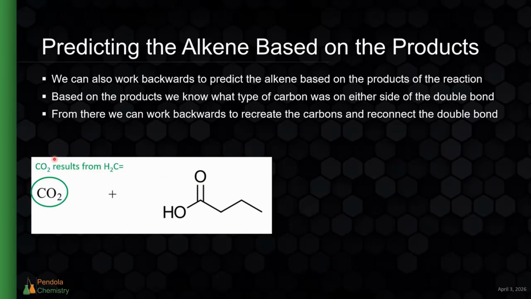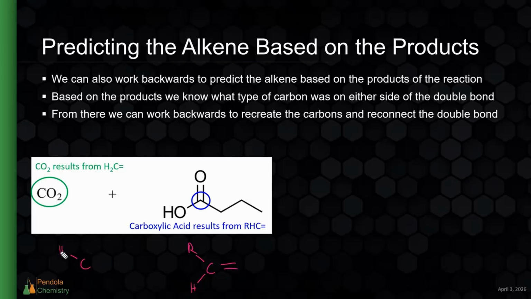Carbon dioxide, anytime you see carbon dioxide, you know it's a result of a CH2, where a carbon had a double bond with the two hydrogens on it. And if we see a carboxylic acid, then we know the original carbon was a CHR, where we have a carbon chain of some kind bonded to the double bond and a hydrogen on the other side.